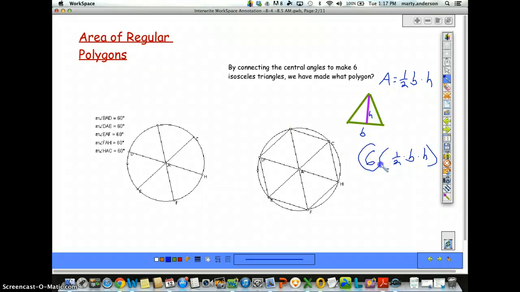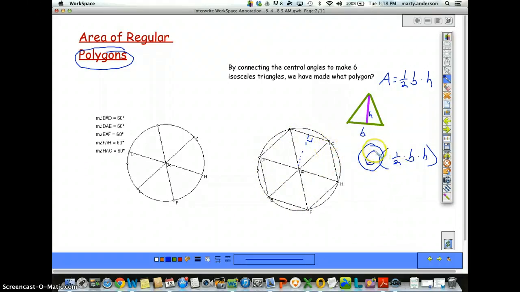Now this 6 is the fact that it's a hexagon, and since we're dealing with polygons, we're not actually talking about just that being a 6. We'll be looking for this height for all of these, and then each of the bases, 1, 2, 3, 4, 5, 6, that's going to be the perimeter of the figure.